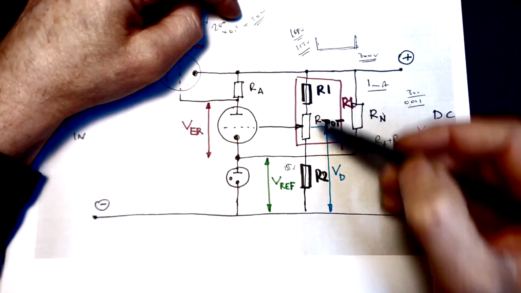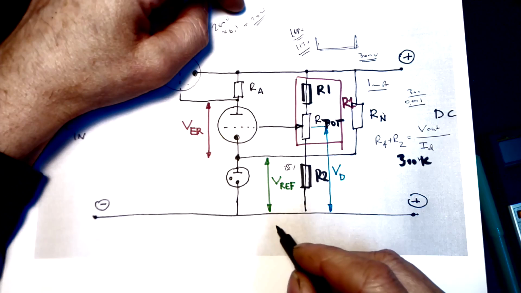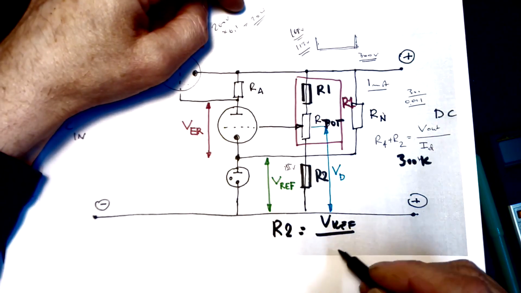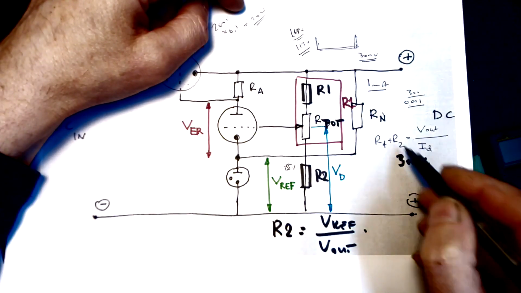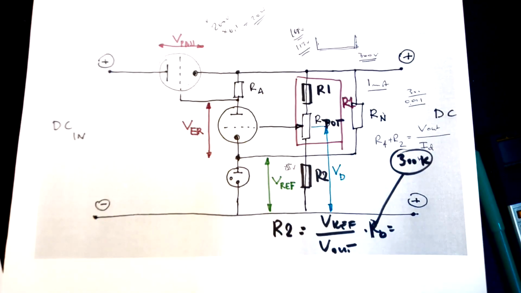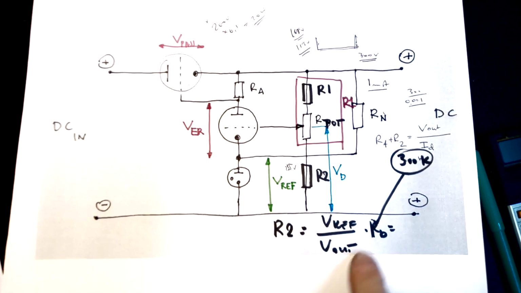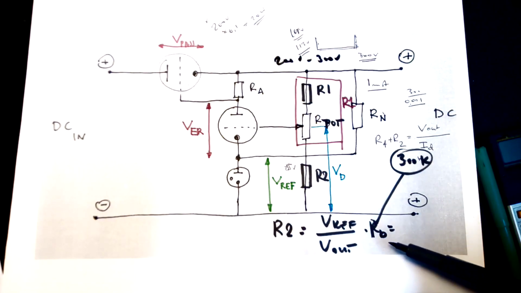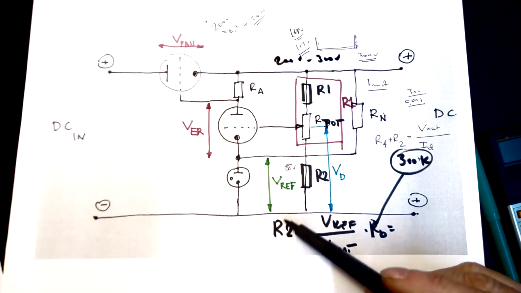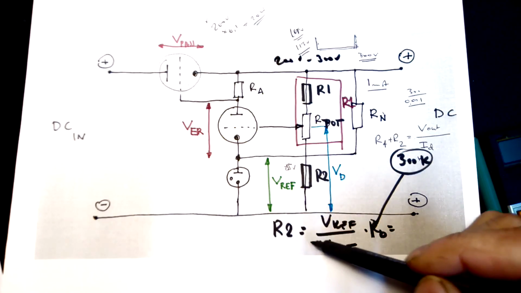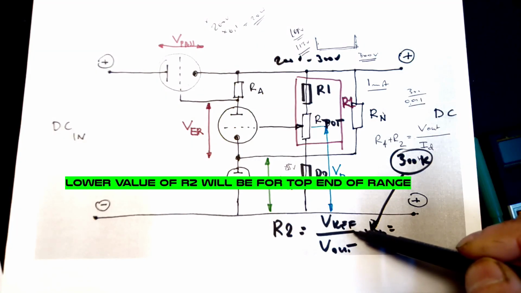So start dividing into pieces. So for R2, because our output voltage will be changing, let's say from 200 volt to 300 volt, it's obvious this bottom leg of our divider has to be set for a lower value.